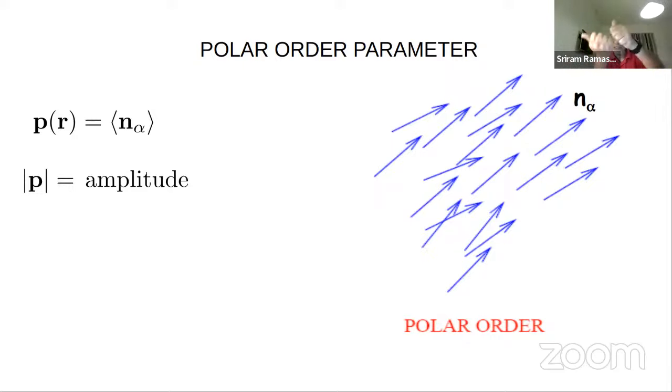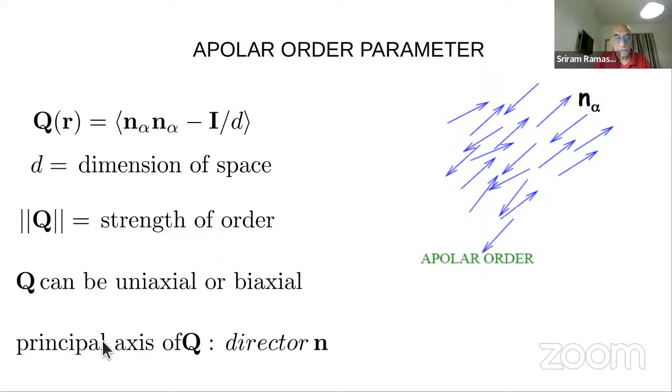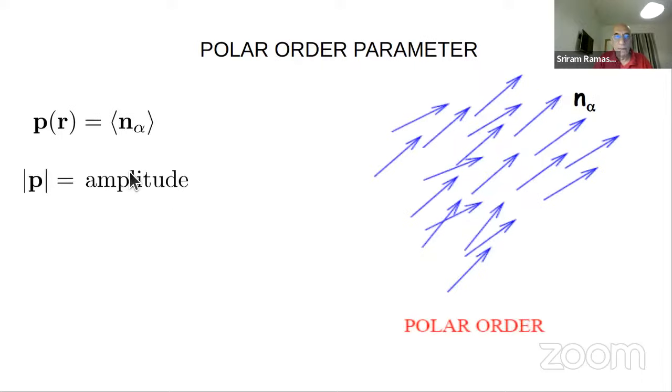That will give you some field P of r, whose magnitude will be the strength of local order and whose direction will be something we'll call the director. There'll be a magnitude and a direction, okay?